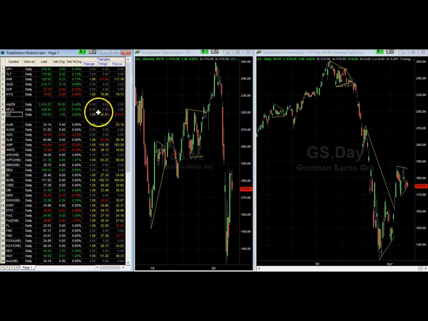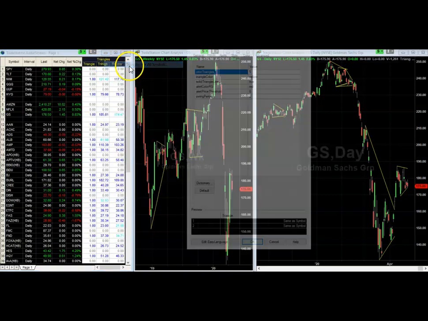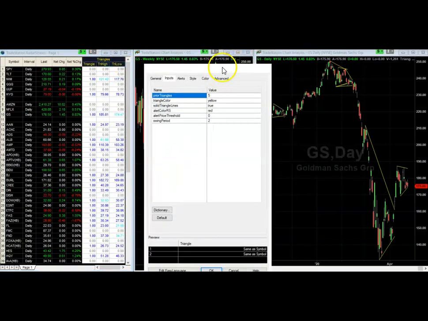If it's yellow, well, I'll go ahead and show you the inputs and we'll talk about that. Prior triangles really only applies to the charts. Triangle color, you can change the color these are displayed in, and this will also be the color shown over here with a 1 when there is a triangle.